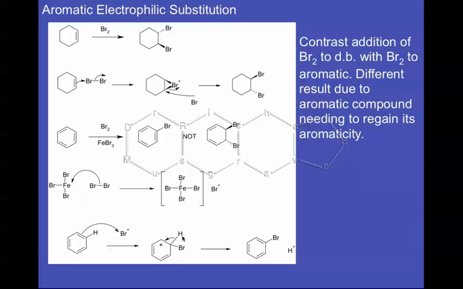But this ring will lose H+ and reform the aromatic system pretty quickly. So the slow step, I think, is actually the Br+ adding to the ring. The fast step is the H+ being lost from the ring so it can become aromatic again. But as you can see, what's happening is the Br is actually physically replacing the H in the final compound.